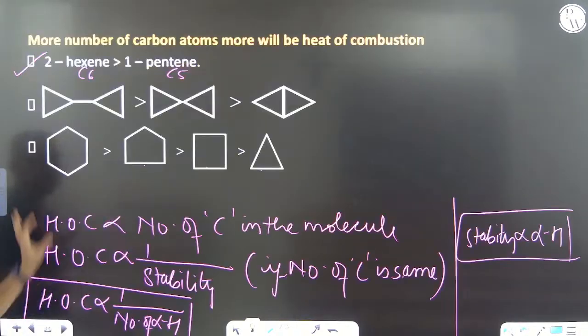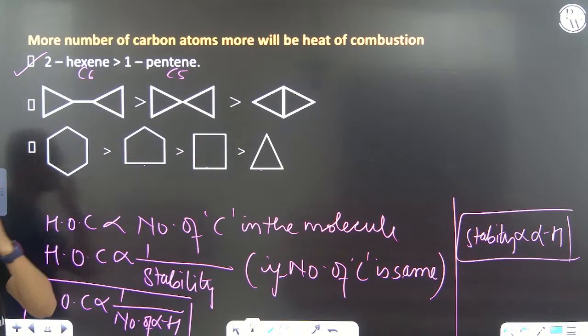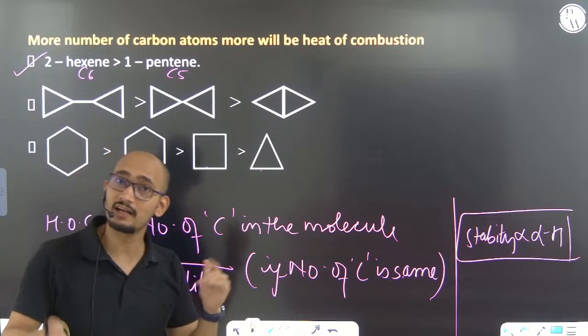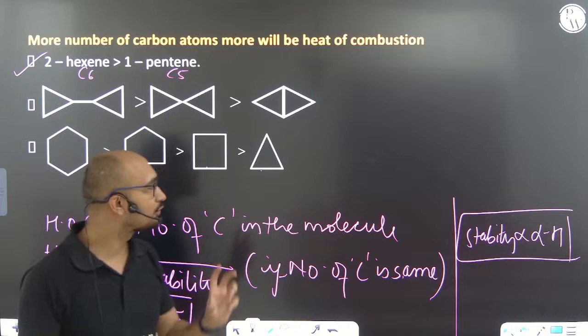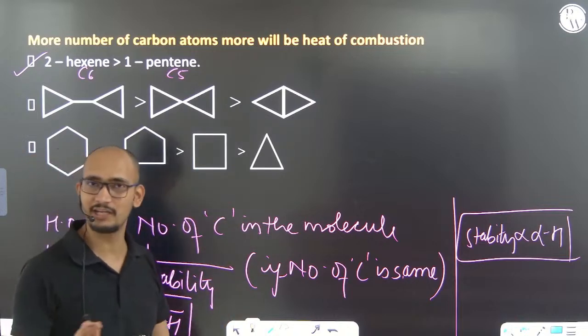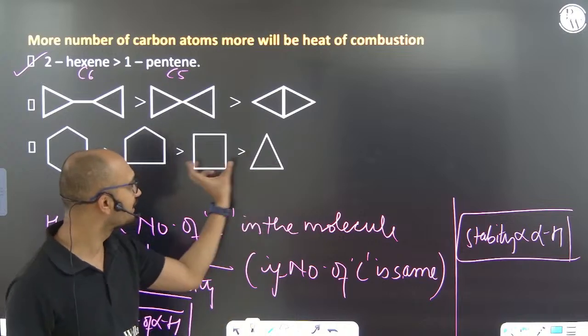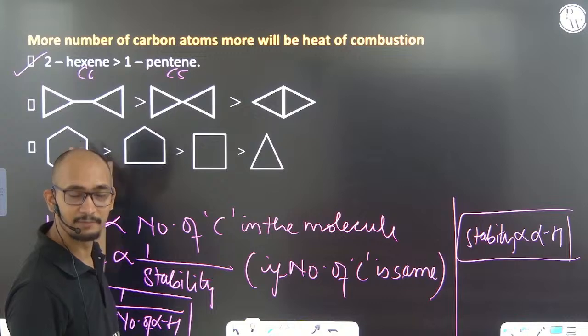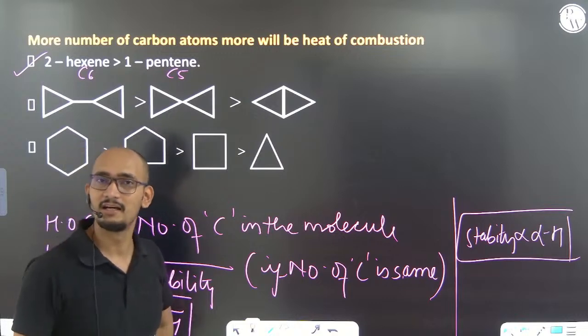Next, if someone asks in this fourth question where the heat of combustion per carbon is more, then you have to see the strain. Where the angle strain is more, it is most in this, then this, then this, and minimum in cyclohexane, as cyclohexane has minimum angle strain.